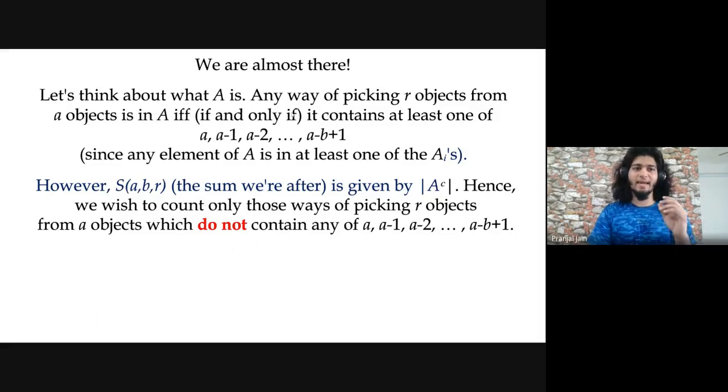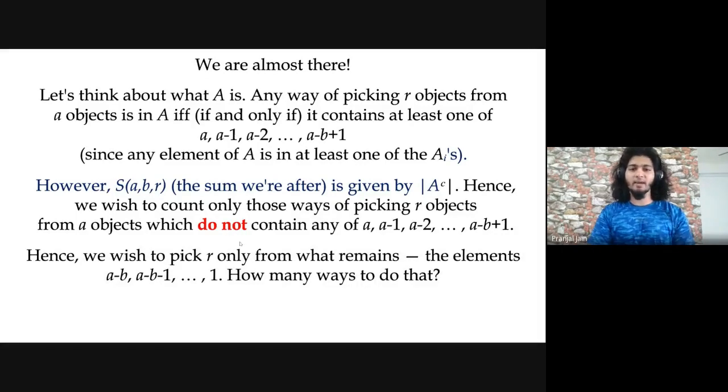If any element of A must contain at least one of these, then any element which is not in A must contain none of these. So the size of A complement is given by the number of ways of picking R objects from A objects which have none of these elements. So how many elements are these? These are B elements, and you had a total set of A elements. So if you're not picking B elements, then you are picking R from these A minus B elements.